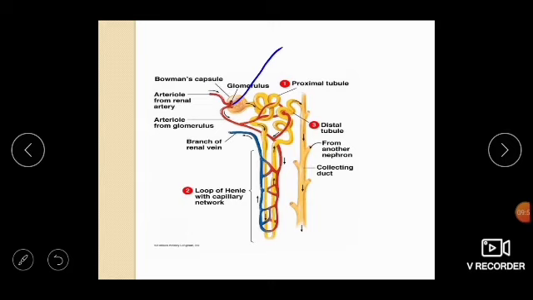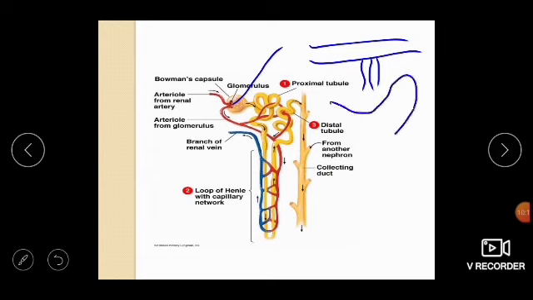Why do we call it ultrafiltration? Because the blood is filtered through three layers. The first is the wall of the blood capillary, from where the blood will get filtered. Then comes the Bowman's capsule, the epithelial cells, through which it is filtered.